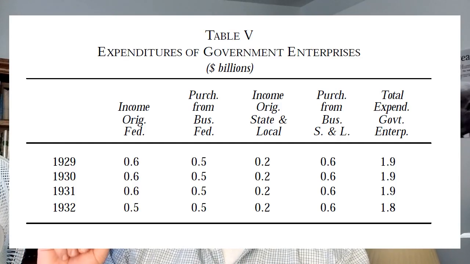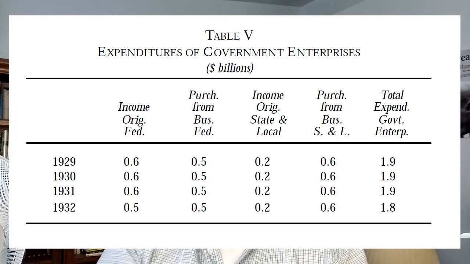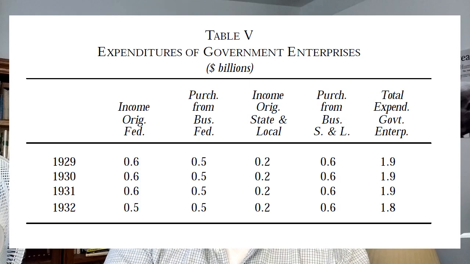Now, here we have 5 columns again, 4 rows for the 4 different years. We have, in the first column, income originating from the federal government, and that is identical to column 2 of Table 2. We have, in the second column, purchases from business by the federal government. Now, that I don't think we have anywhere else. Those values are $500 million per year, all 4 years. Fine, fair enough.